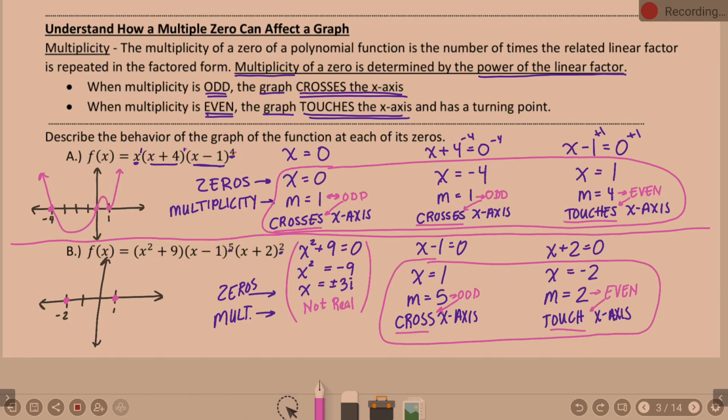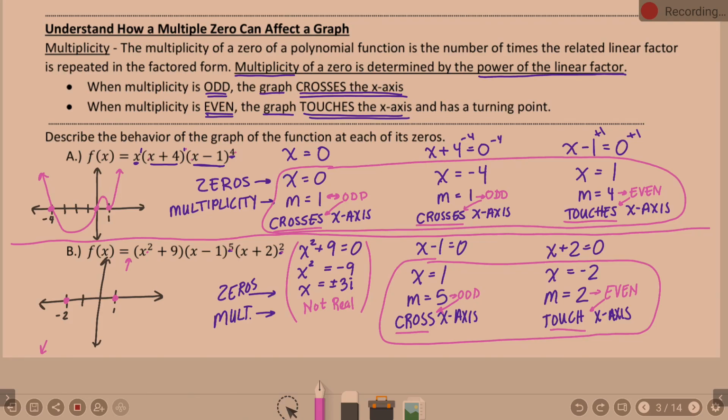Now, let's see. Here's the easiest thing for me to do. I have x to the 5th here, x to the 2nd, so that's 7, plus we have 2 more. We have x to the 9th here. x to the 9th is either up and down or down and up. Because it's positive x to the 9th, it's going to be down and up.